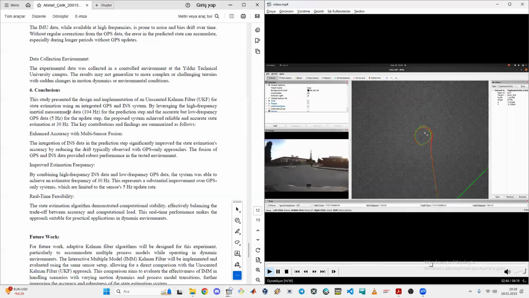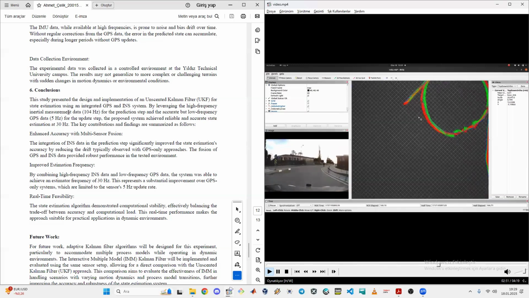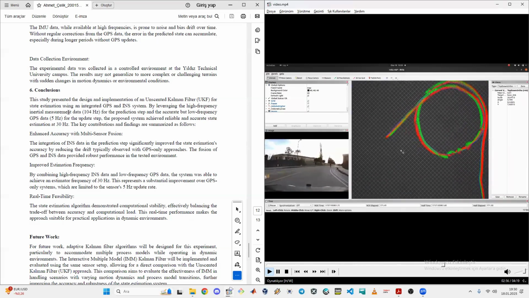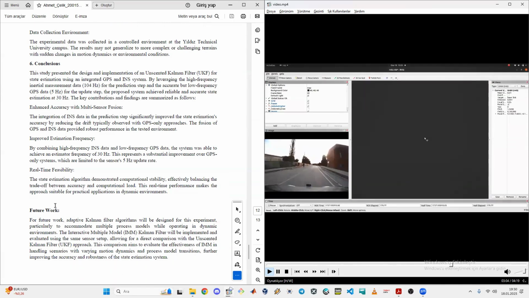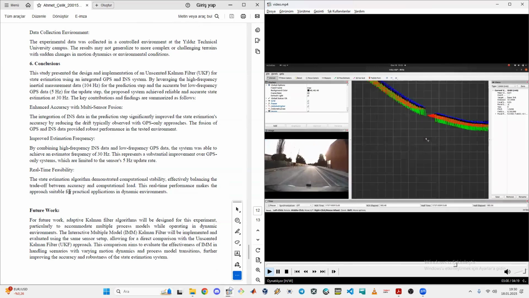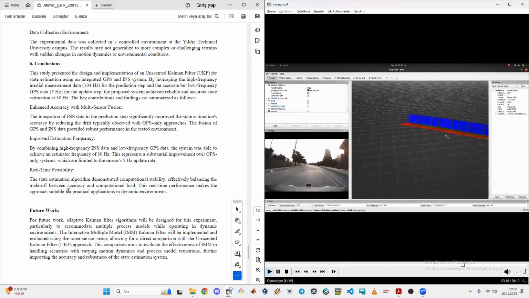The key contributions and findings are summarized as follows: enhanced accuracy with multi-sensor fusion, and improved state estimation frequency. These are the contributions that we have made while taking the lectures.